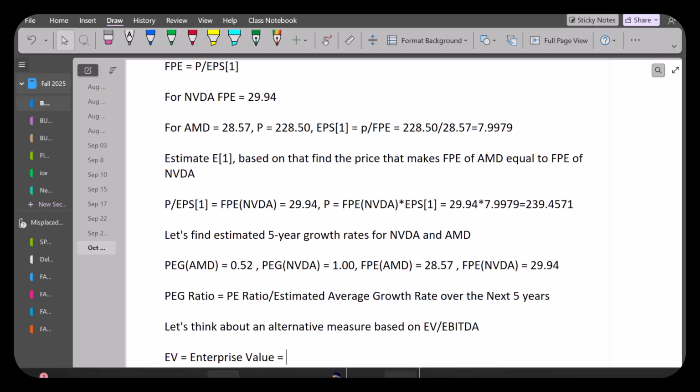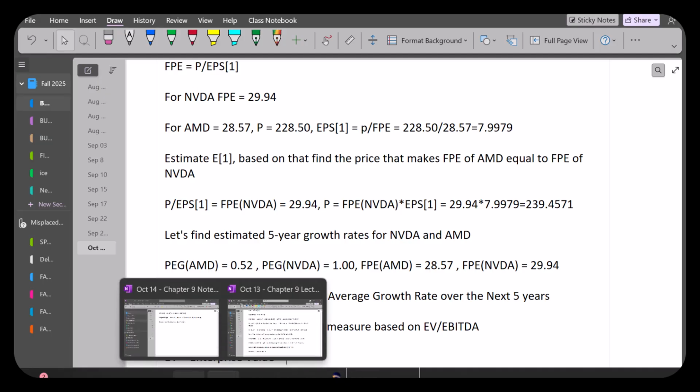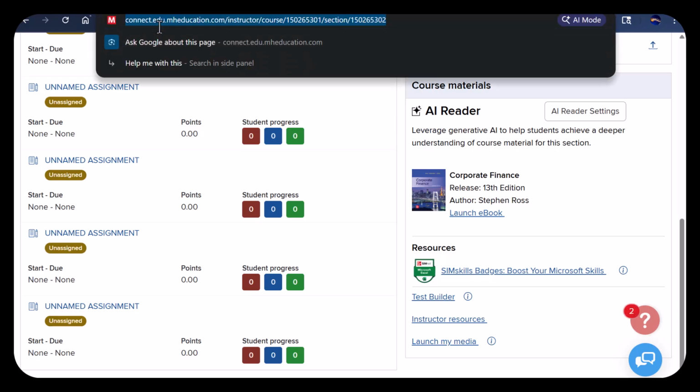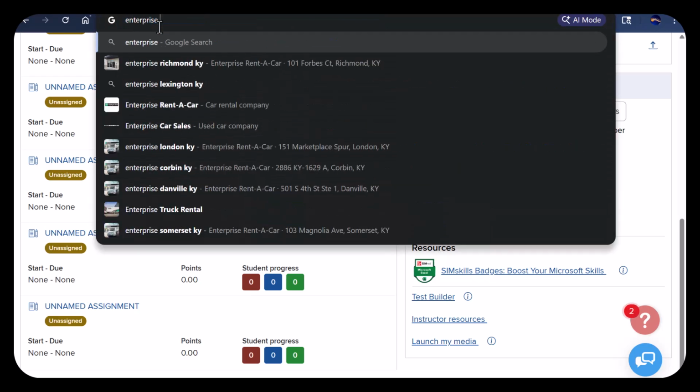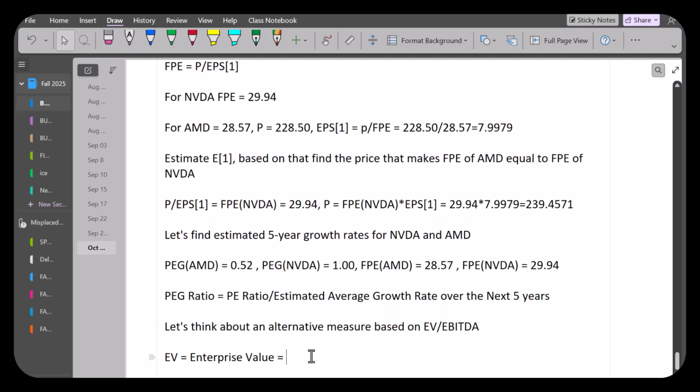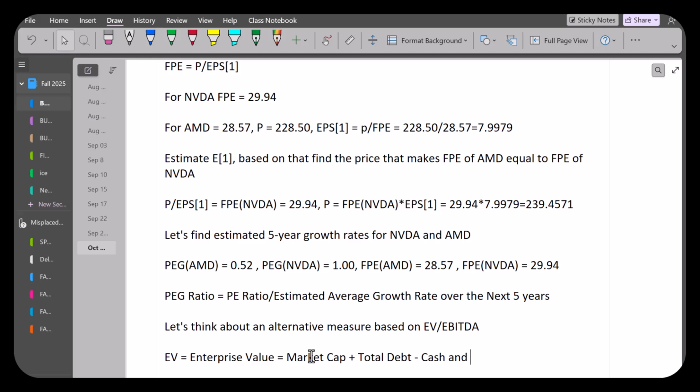We briefly talked about it in chapter 3, but I just want to make sure. It's market cap plus total debt minus cash and cash equivalents.